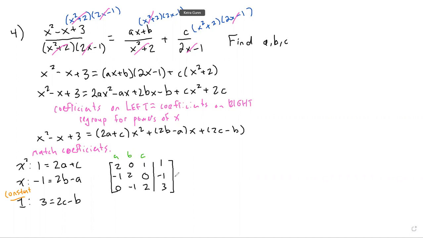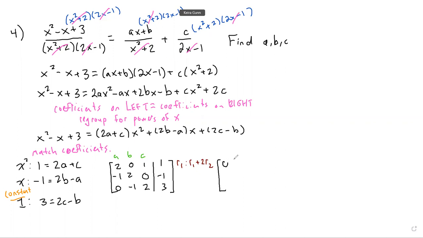And so we're going to do our row operations to try to cancel some things out. I'm going to get rid of the 2 here by using the -1 below it. So it's going to be row 1 plus 2 of row 2.